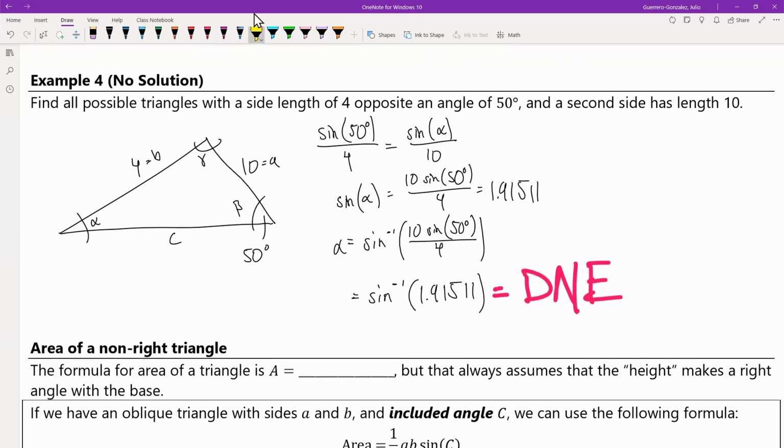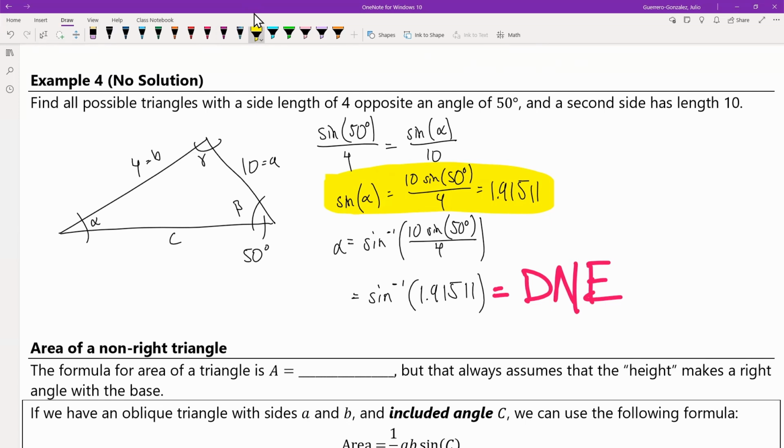Okay. You're asking, right? Let's go back to this statement right here. You're asking sine of some angle alpha to be bigger than 1. You're asking the sine of an angle to be bigger than 1. We know that sine bounces between positive 1 and negative 1. So for it to be bigger than 1 can't happen, right?